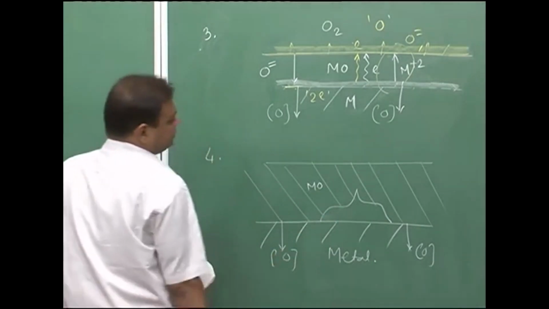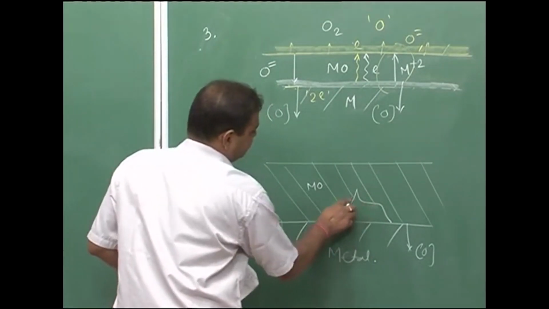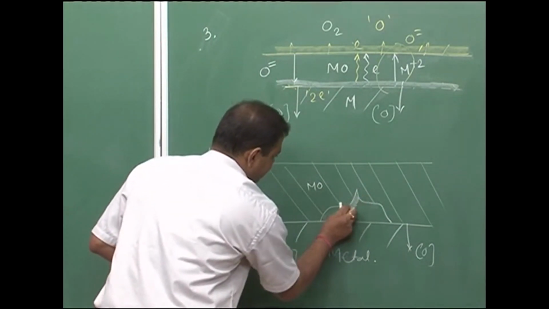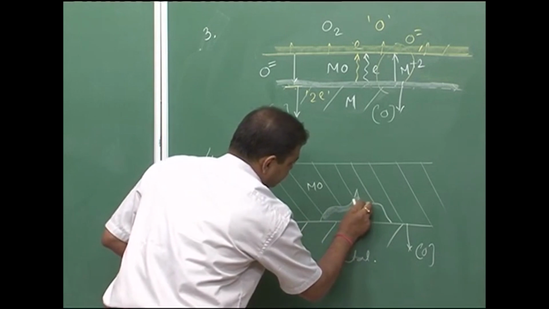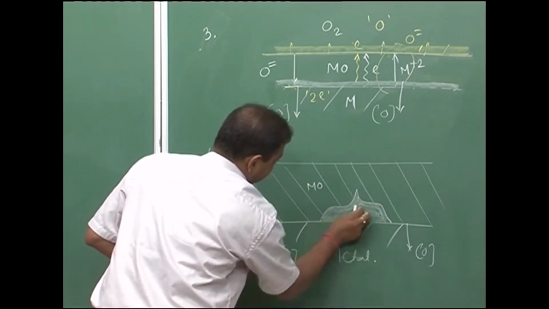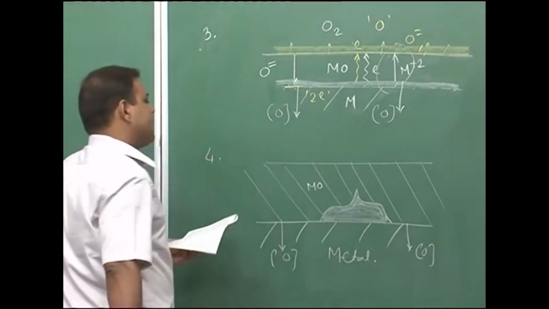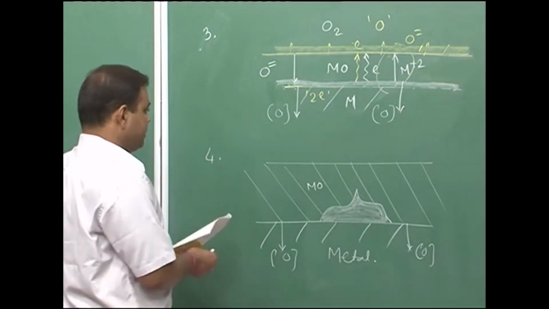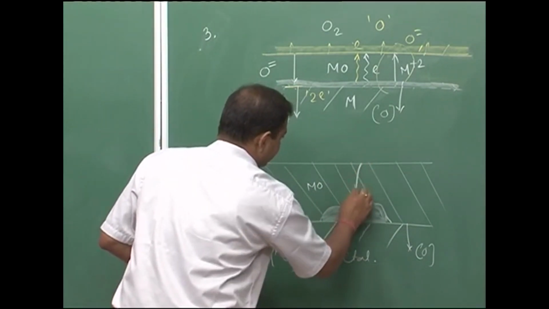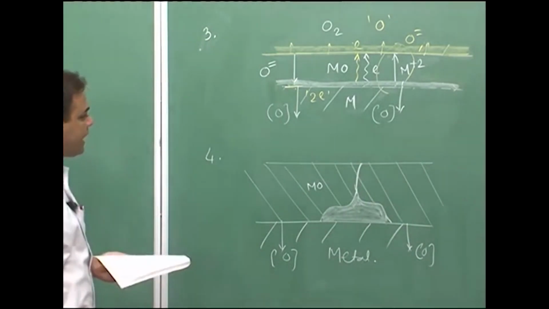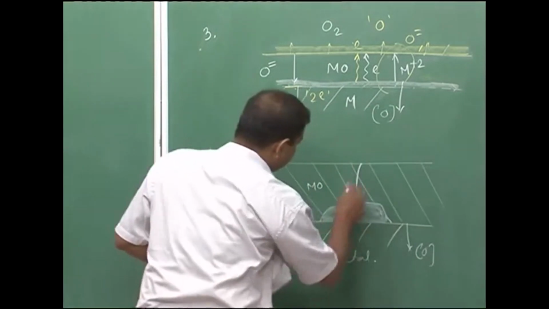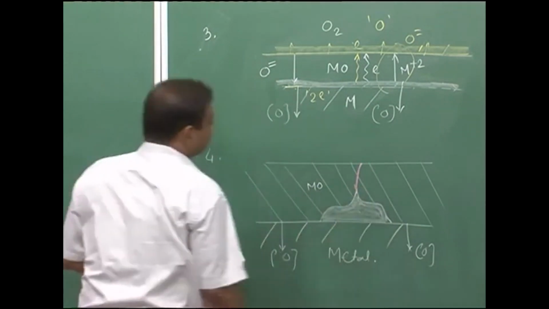So, this is one cavity that can form, and here there could be a development of a small crack like this.